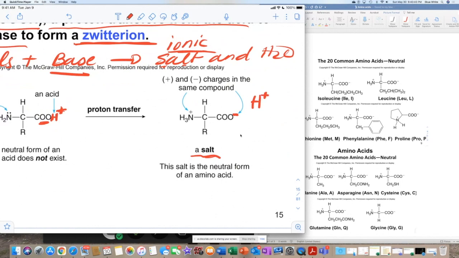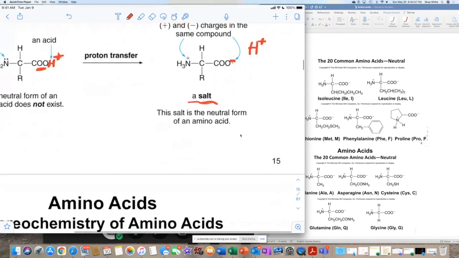So this creates an imbalance of charge. Now we have excess charge. If the charge thing is not making sense to you, let me try to illustrate this here. Let's say we had a neutral compound, like that. And for some reason, like I do over here, I remove one positive charge.